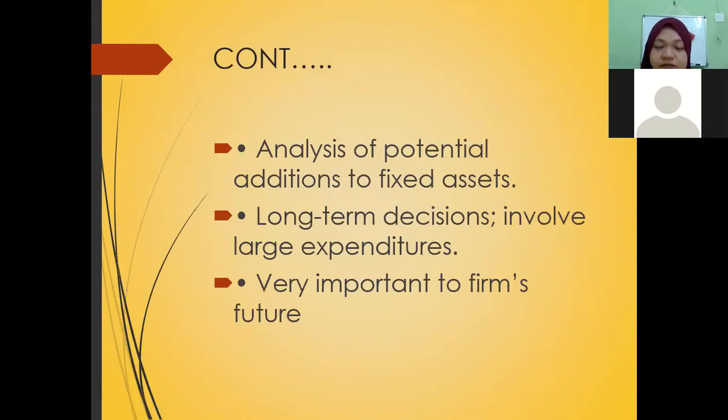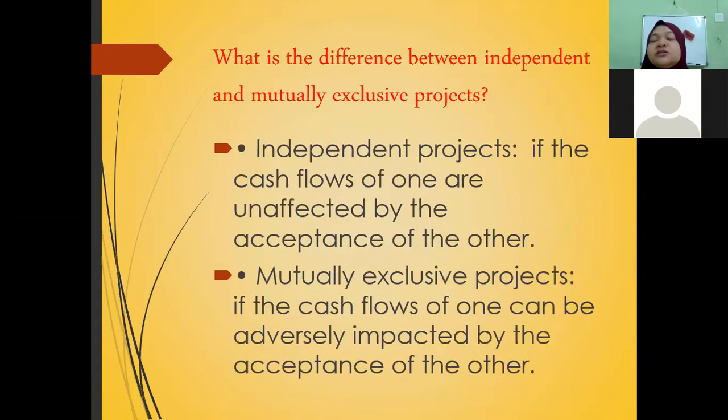Okay, so analysis of potential additions to fixed assets: long-term decisions involve large expenditures, very important to firms' futures. When you identify the project, basically you will be given two types of project: either an independent project or a mutually exclusive project.